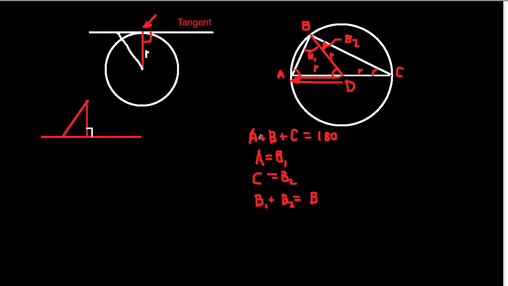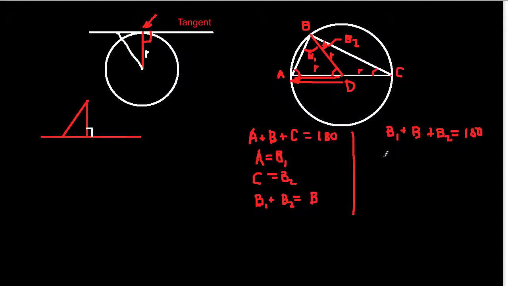Okay, so I have A plus B plus C is 180. Let's combine these equations together and see what we get. I have A, which is B1, plus B, plus angle C, but C is B2, is equal to 180.